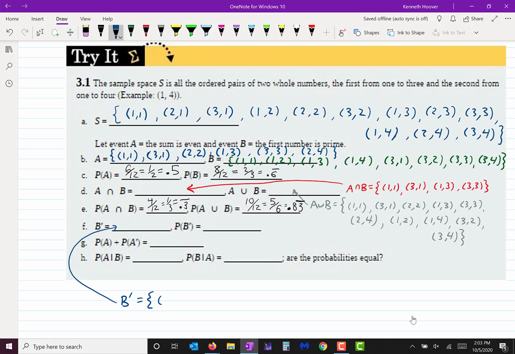That would be 2, 1 and 2, 2 and 2, 3 and 2, 4. That's everything in the sample space that wasn't in B. So what's the probability of B complement? It would be 4/12, which is 1/3, which is 0.3 repeating.